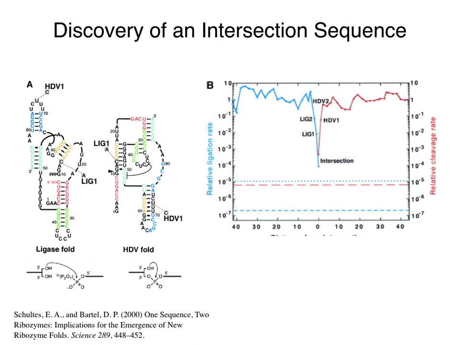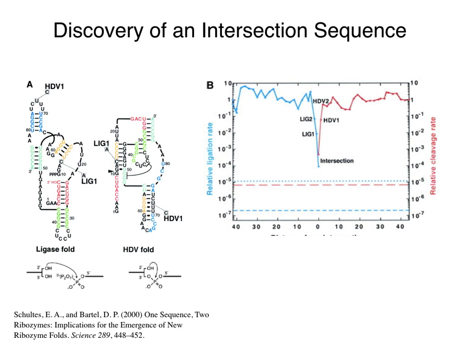And likewise, he could proceed from the intersection towards the ligase prototype and maintain function the whole way. So this clearly demonstrated that for these two networks, there's at least one trajectory that leads from one genotype network to the other.